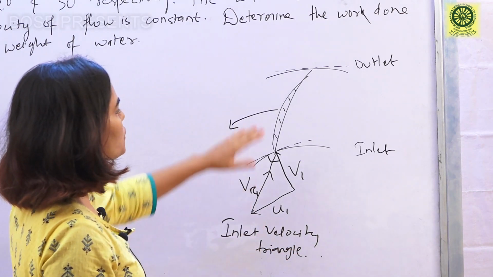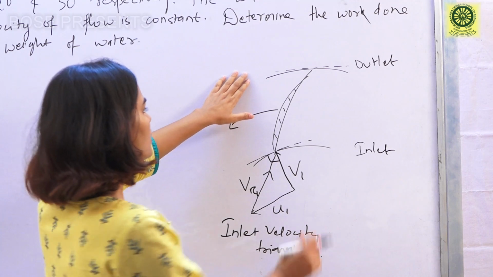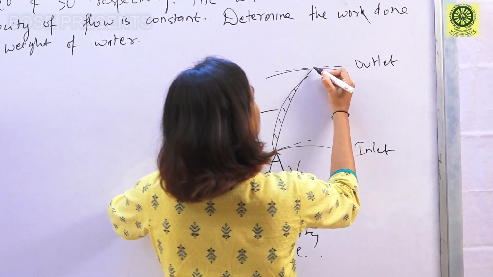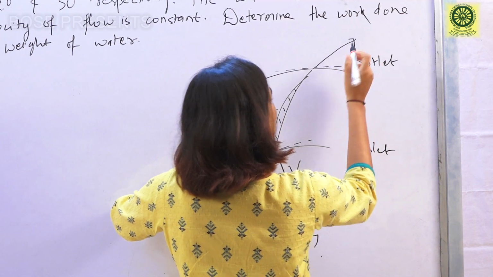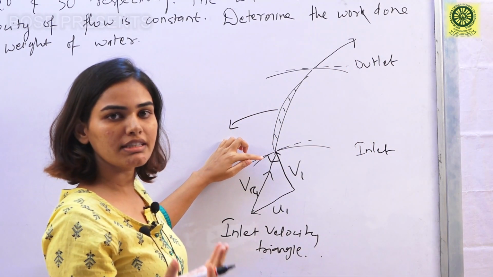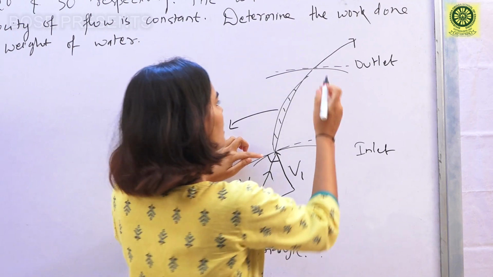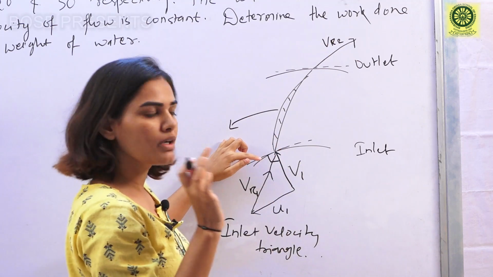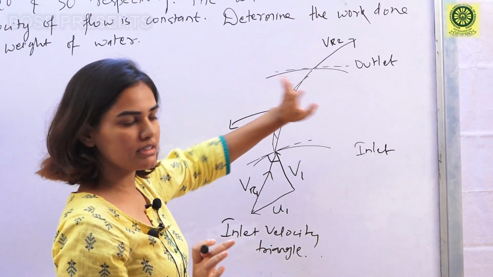Similarly, we have to draw the outlet velocity triangle. As water entered like this, let's say water is moving out of the impeller like this. It will move with the actual velocity, the relative velocity, which we denote as VR2. The subscript 2 is for the outlet velocity triangle.